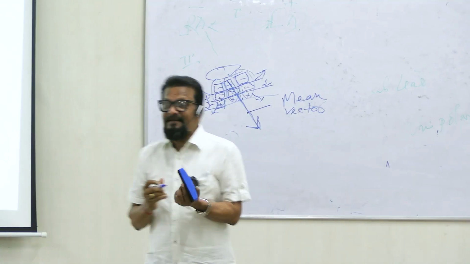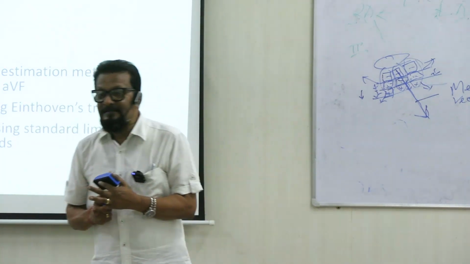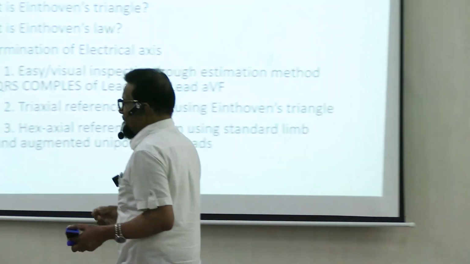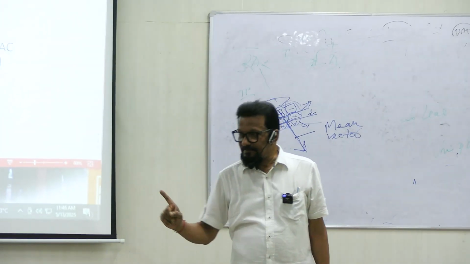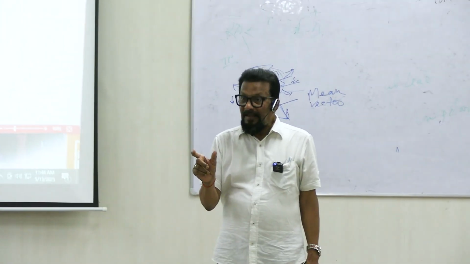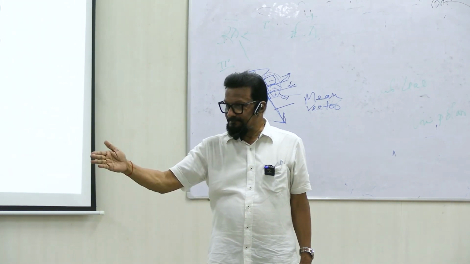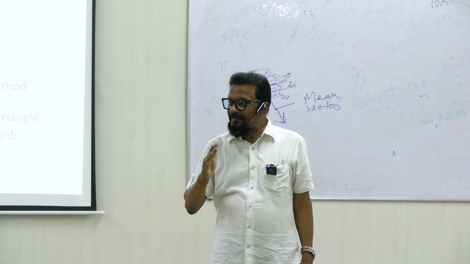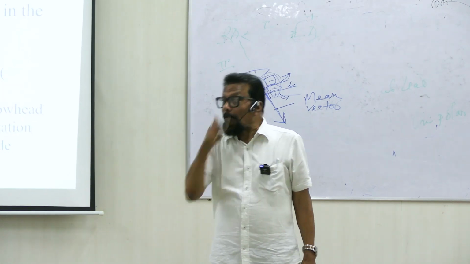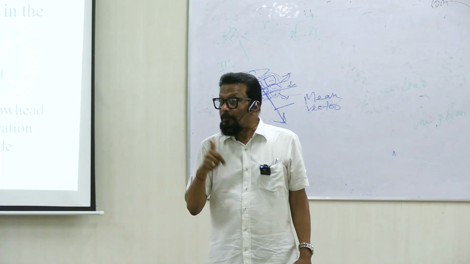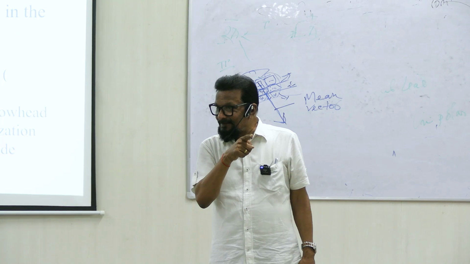Now let us define what the cardiac axis, or electrical axis, is. The mean cardiac axis is the direction of flow of current, the direction of flow of the cardiac impulse. Where is it generated? In the SA node.